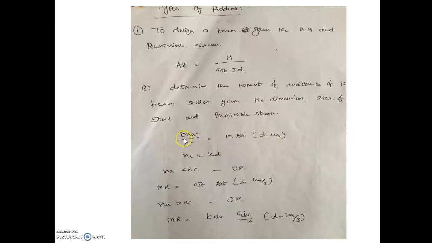In this case, b is the width of the beam, na is the actual neutral axis, m is the modular ratio, that is 280 by 3 sigma CBC, Ast is the area of steel in the tension zone, and d is the effective depth. After solving this equation, we will get the actual neutral axis value.